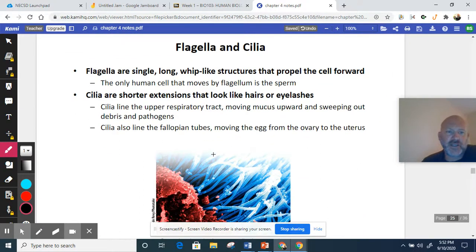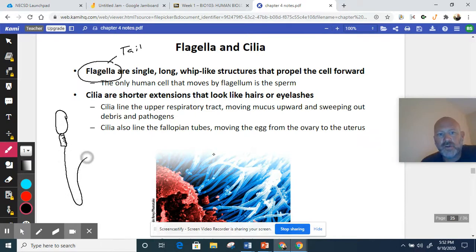The flagella is a whip-like tail. Sperm cells have a flagella. So if I was to draw a sperm cell, I would draw a head and then a midpiece, and then this long whip-like tail, right? The whip-like tail kind of propels the sperm cell. So this is how the cells move around.